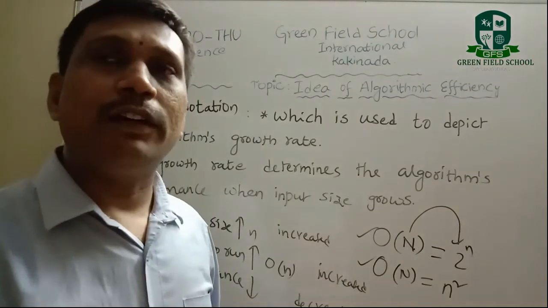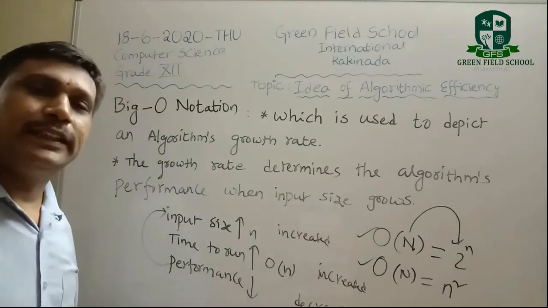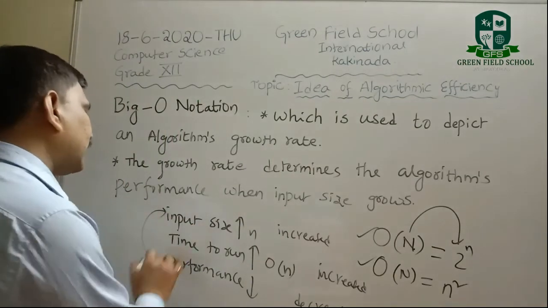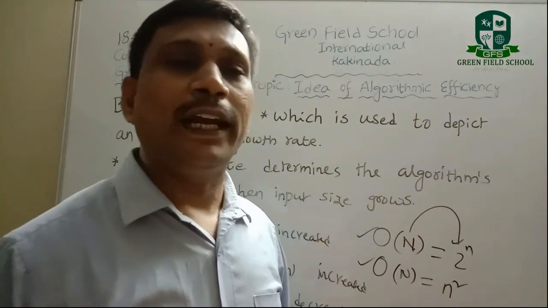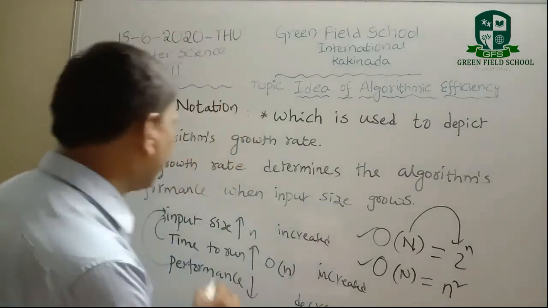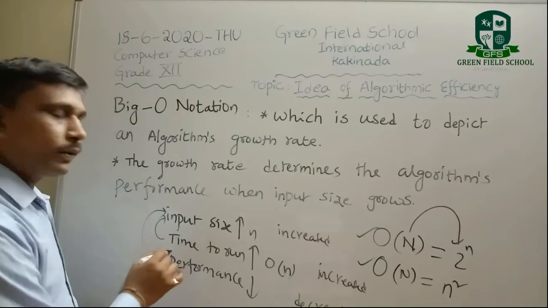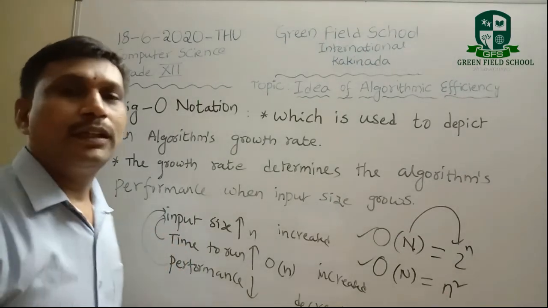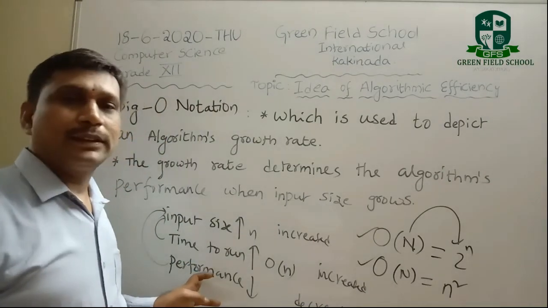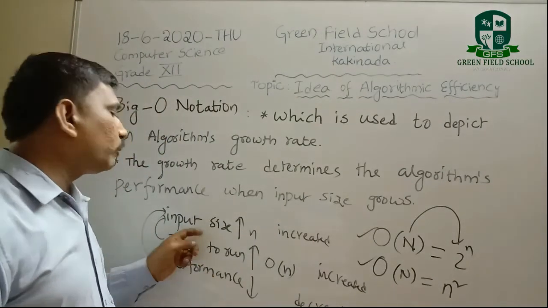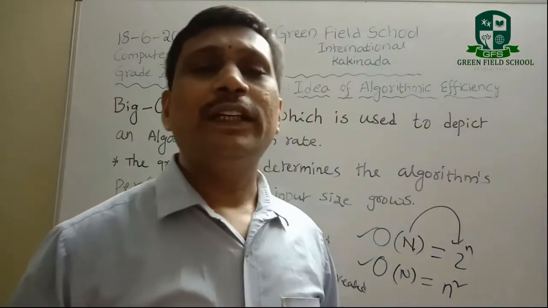As our input size increases, performance decreases, and the time taken to run the program increases. So time taken to execute the program and input size are proportional, but performance and input size are inversely proportional to each other.